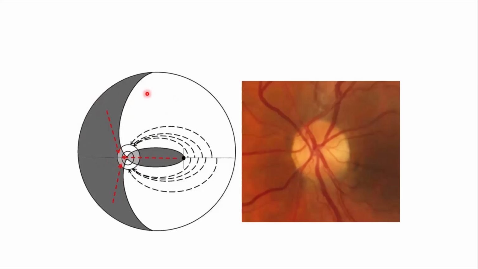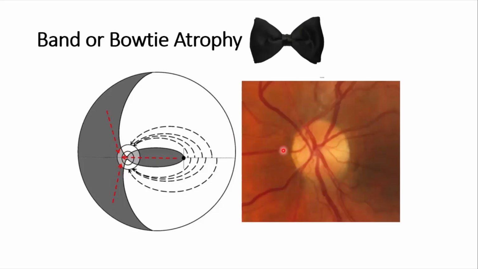Now, when there is a chiasmal pathology, both these axons are going to get atrophied. Because of that, we'll have pallor on the temporal side and also on the nasal side. So this is called a bow tie optic atrophy. Here we can see that superiorly and inferiorly we don't have much pallor, whereas nasally and temporally we have significant pallor. So this happens in case of a chiasmal lesion.